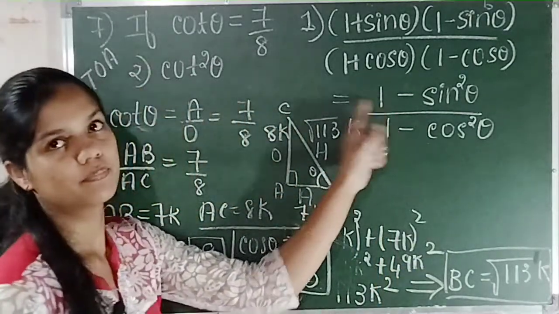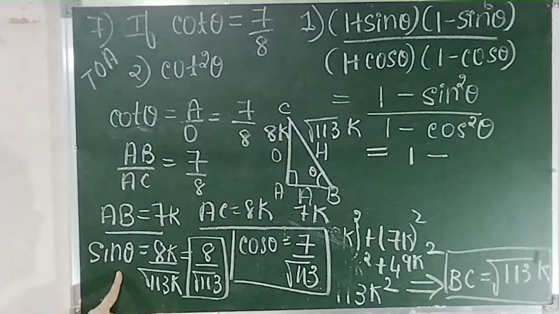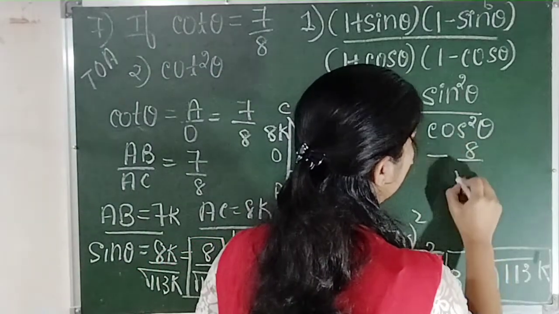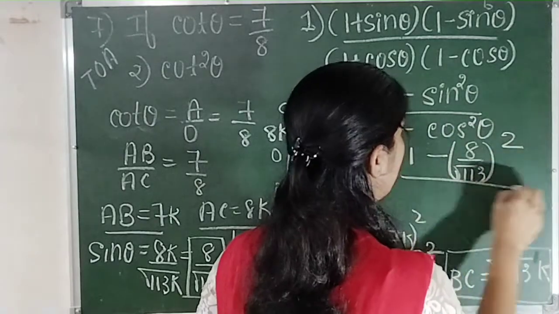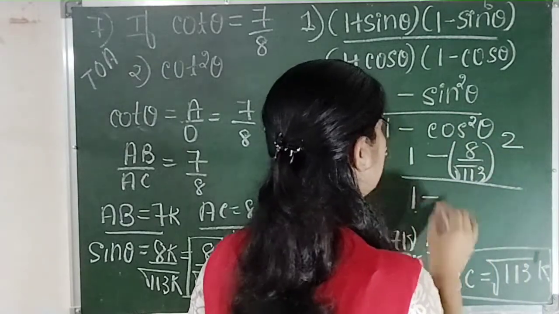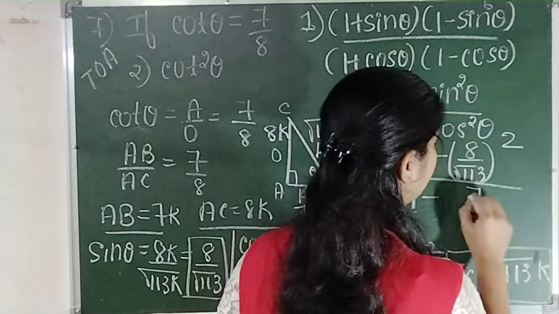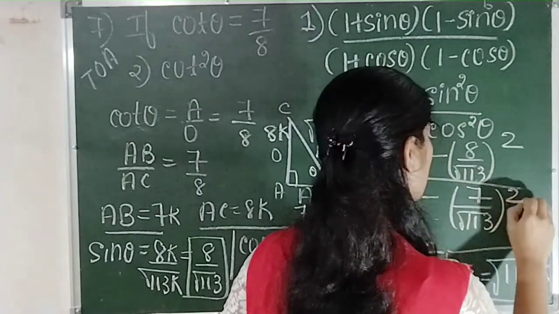Substitute the value here. 1 minus sin square theta, that is 8 by root 113 whole square, divided by 1 minus cos square theta, which is nothing but 7 by root 113 whole square.